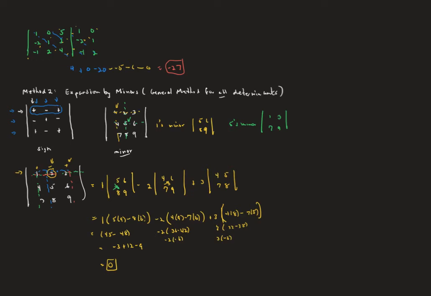Okay, so now big picture then is if you get something bigger than a 3 by 3, which we won't do very often unless it is a very carefully selected one.